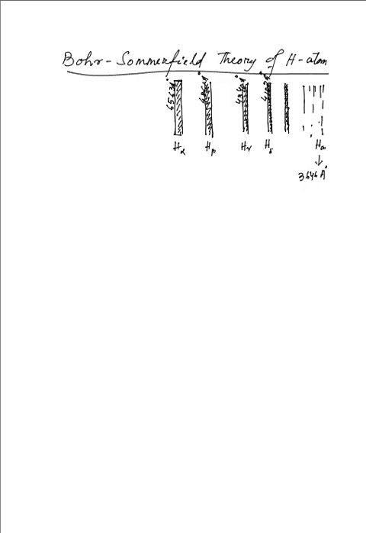And Balmer gave an empirical formula in 1885. He had obtained these values, and the empirical formula that he came up with gave the wavelength equal to 3646, that is this one over here, times n squared divided by n squared minus 4, where n is equal to 3 for this line, n is equal to 4 for the next one, then n is equal to 5, n is equal to 6, and it continues likewise.